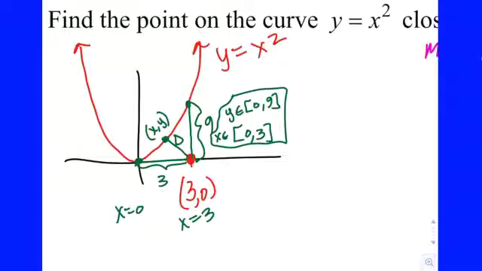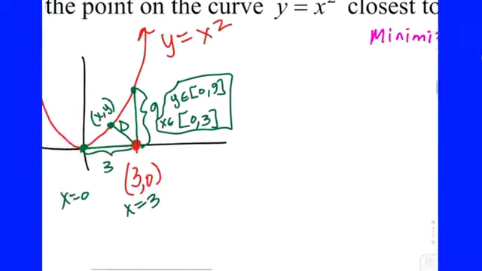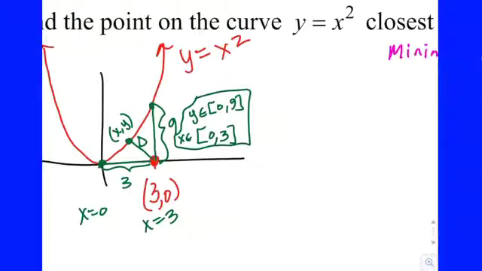I'm going to call it (x, y). All right, so it might be somewhere in there. So here's what we need to do. If we're trying to minimize the distance, I need to come up with a formula for the distance, big D, between the arbitrary point (x, y) and the fixed point (3, 0). Do y'all remember the distance formula?